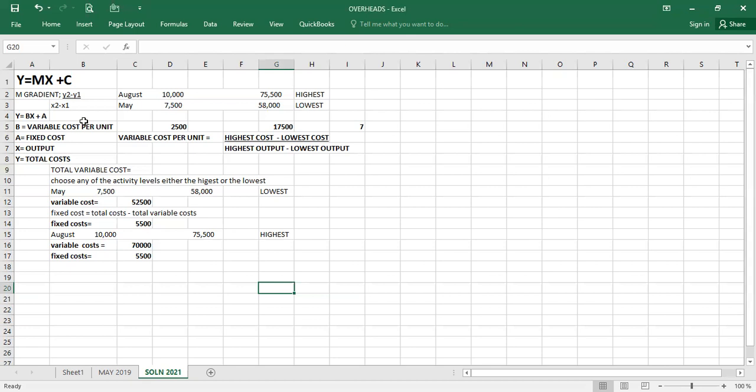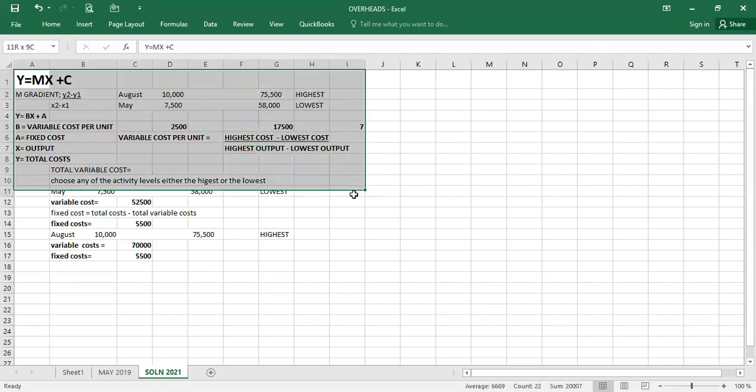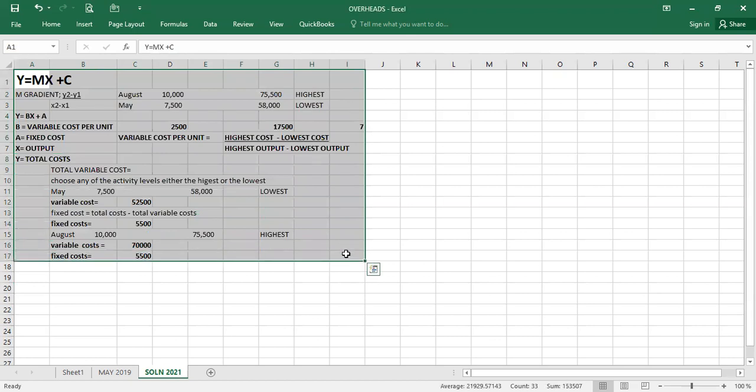So that's it. And that's how we segregate these total costs, because from here the management can take decisions on how they can control these variable costs.